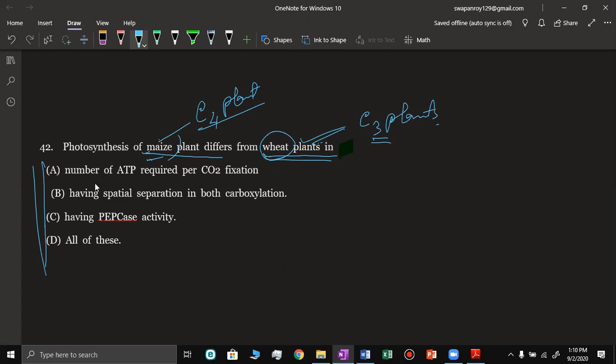Photosynthesis of maize plant differs in the number of ATP required per carbon dioxide fixation. In C4 plants, the ATP requirement is more. Do you remember that in C3 it is 1:2:3, but in C4 it is 1:2:5, that is ATP? This is carbon dioxide, NADPH2 and ATP.